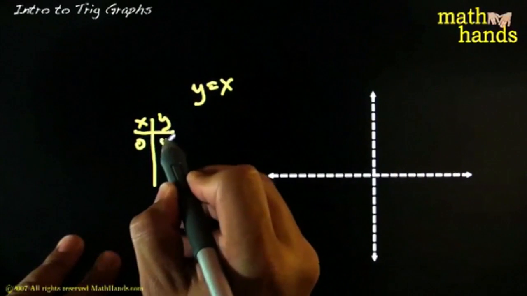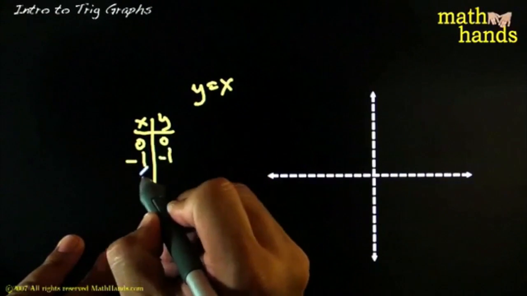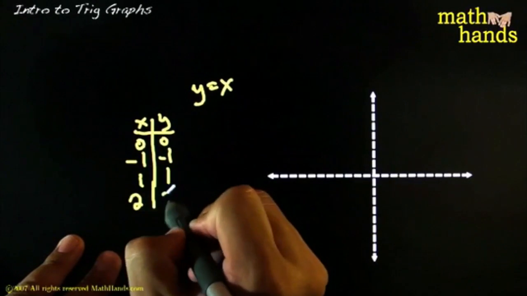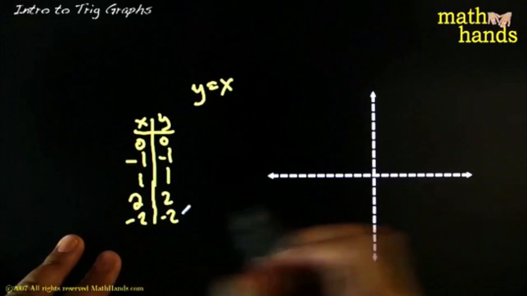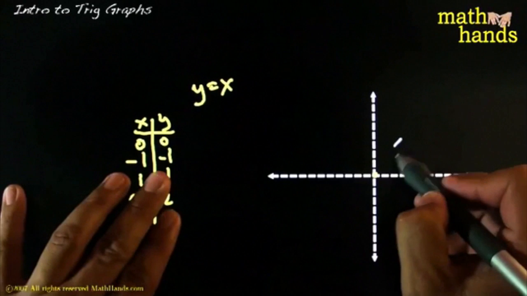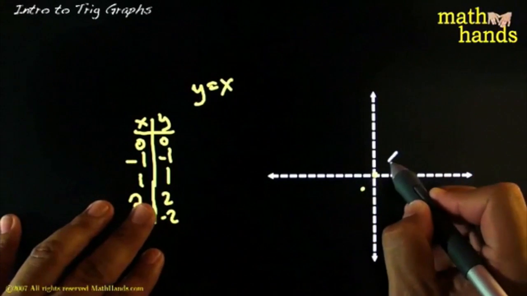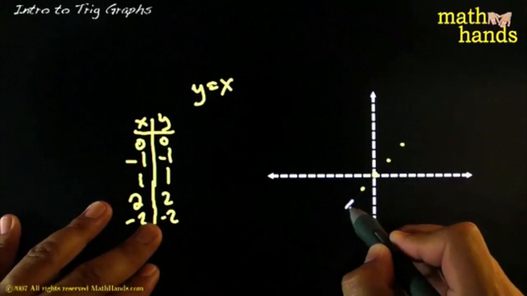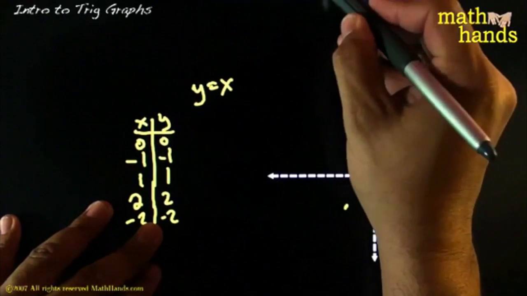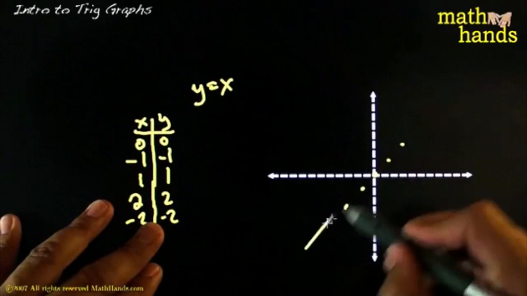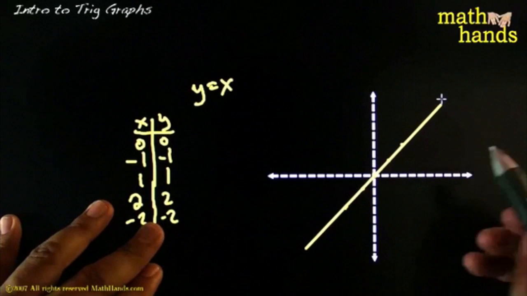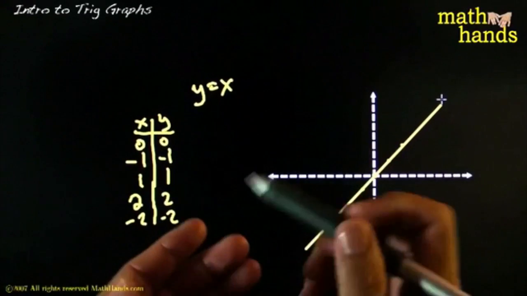If x is 0, y is 0. If x is negative 1, y is negative 1. If x is 1, it's 1. If x is 2, 2, negative 2, negative 2. Then you plot them: 0, 0, negative 1, negative 1, positive 1, 1, 2, 2, negative 2, negative 2. Eventually, you get enough to see exactly what the pattern is. It's just a straight line. And there you go.